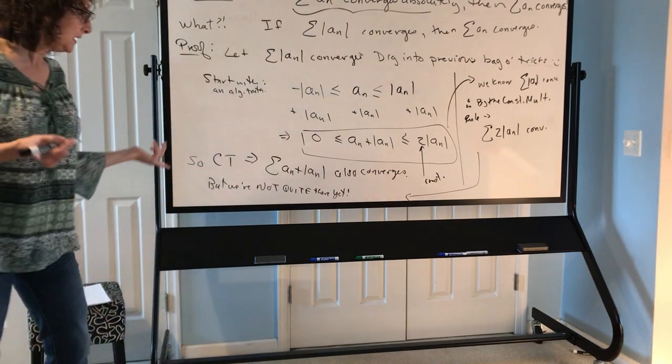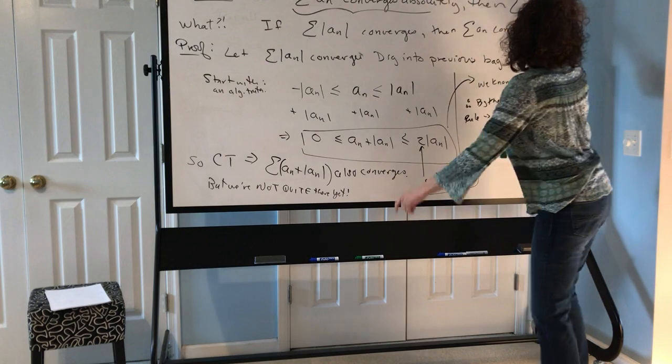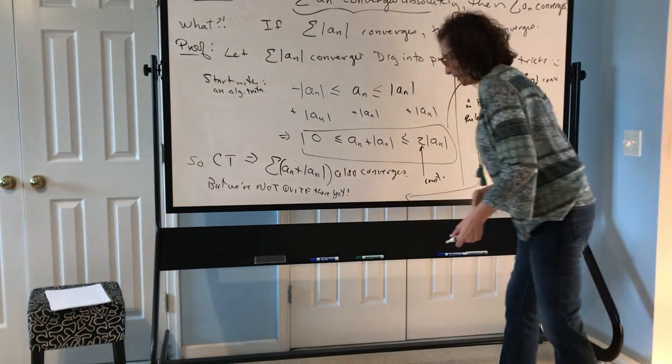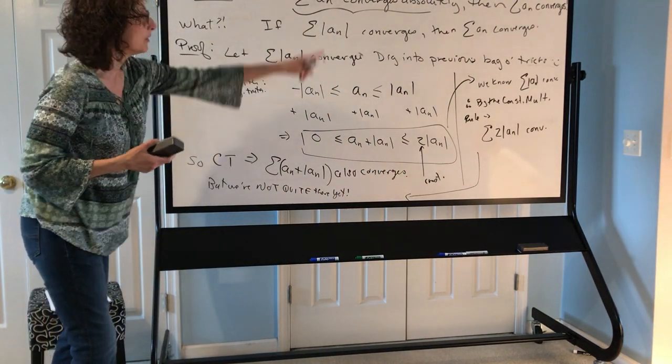Right? What do we need to conclude? We need to conclude the sum of a_n converges, not a_n plus the absolute value of a_n. So while I'm erasing, maybe you can think about how we're going to get from here to there.